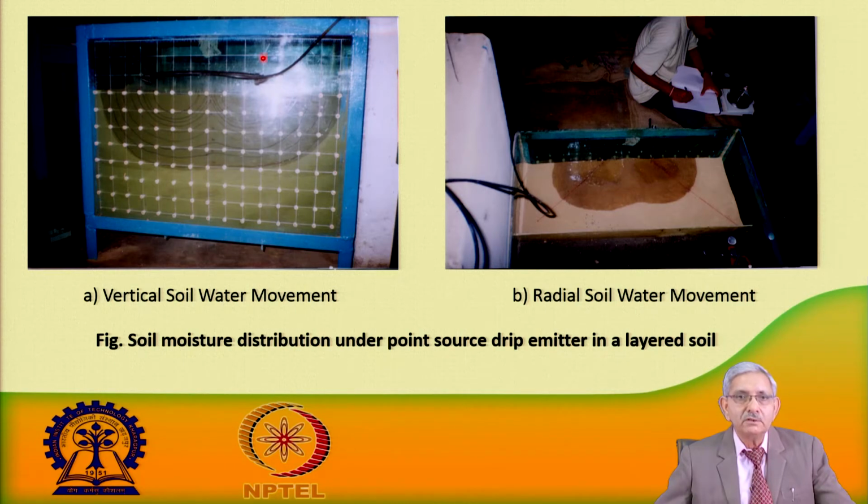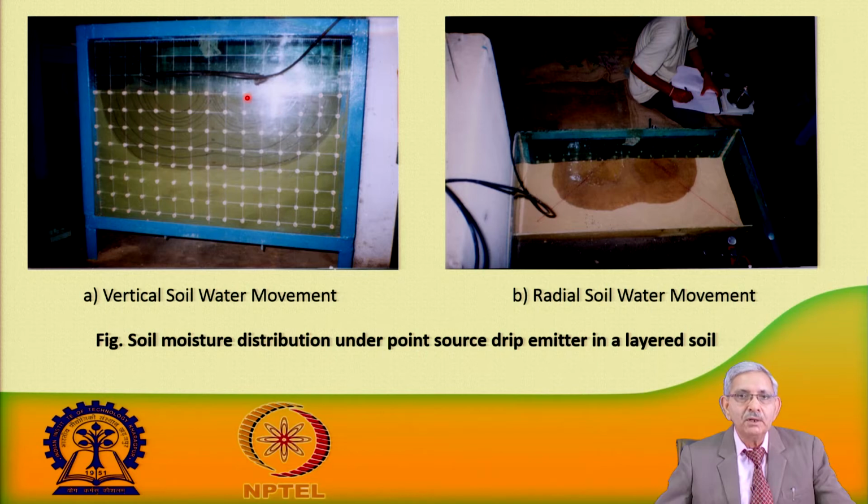We carried out this research at the experimental level by bringing the soil from the field. We have taken different types of soils, which are sandy loam in texture, and also black cotton soil, which we brought all the way from Maharashtra. Here you are seeing a soil tank model, where the water is being distributed from a dripper, and you can see how the waterfront is moving.